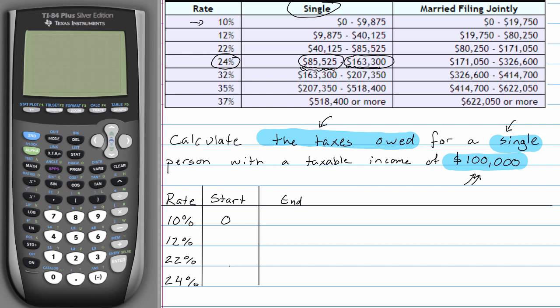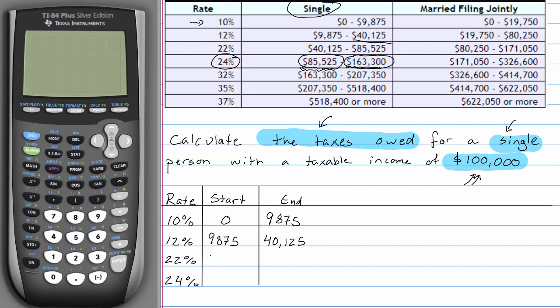If you make more than $0 of taxable income after deductions and so on, you have to pay 10% up to this $9,875. And then if you make more than $9,875, you have to pay 12% up to this $40,125.